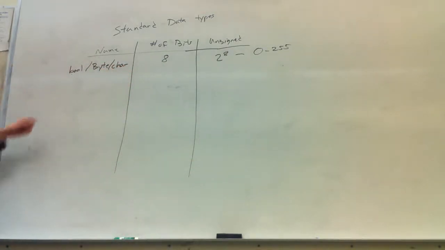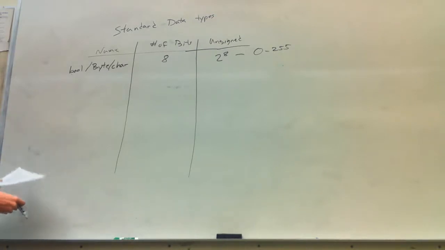Right? The bool basically is 0 is false, anything greater than 0 is true. So basically, we waste 7 bits to represent true or false in a bool.